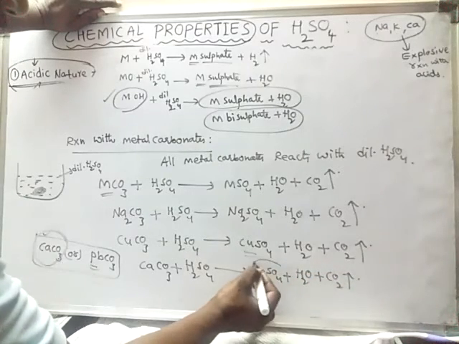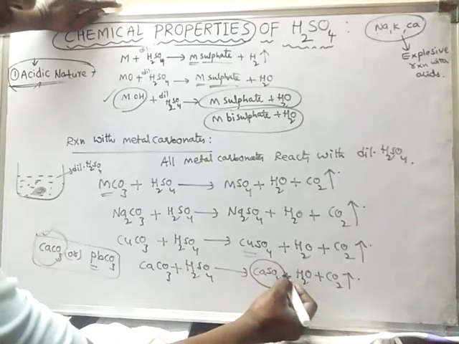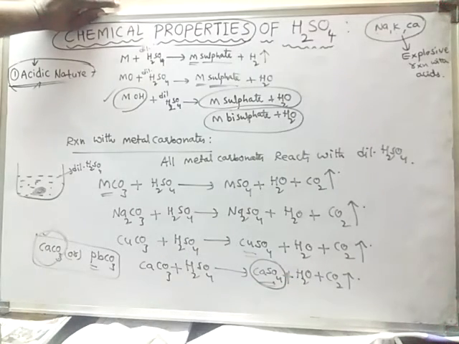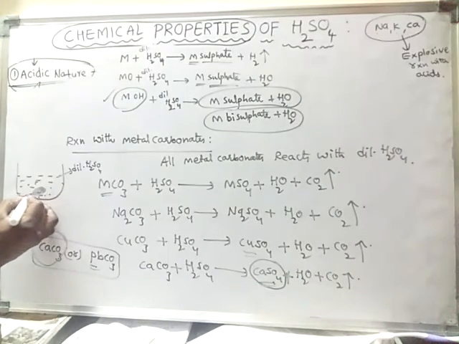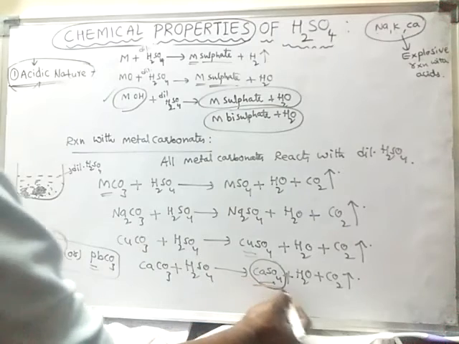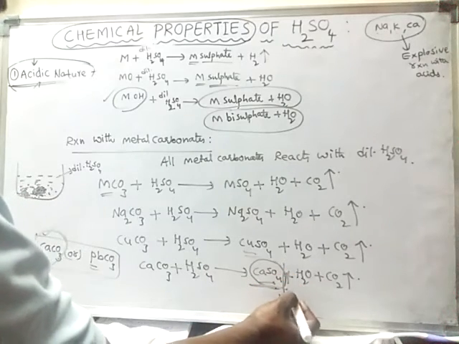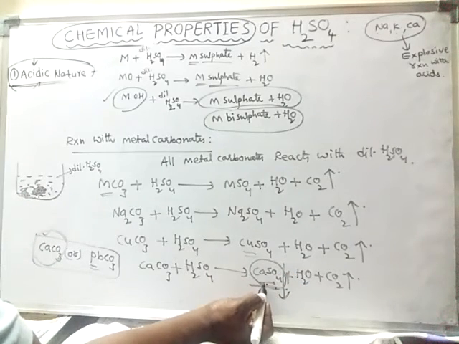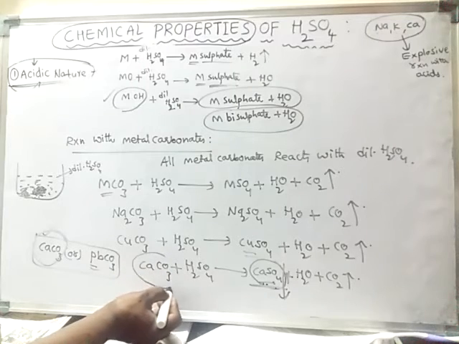But here, as this calcium sulfate is insoluble, what happens? The calcium sulfate formed will come and form a layer, or a coating, on calcium carbonate.